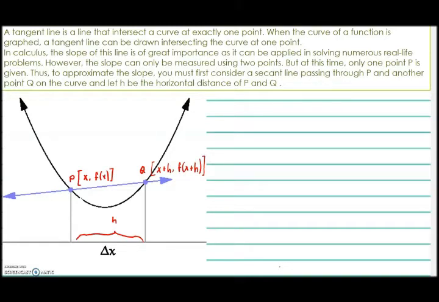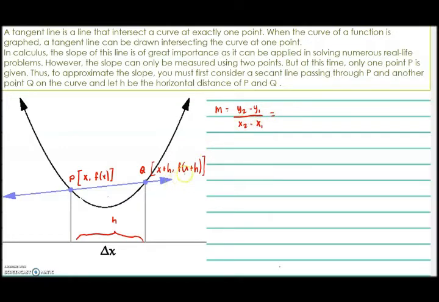Now we said a while ago that we need 2 points on the graph to compute for the slope. So now we have here the secant line PQ passing through points P and Q on the graph. So let's find the slope of our secant line. So we have m here is equal to y sub 2 minus y sub 1 over x sub 2 minus x sub 1.